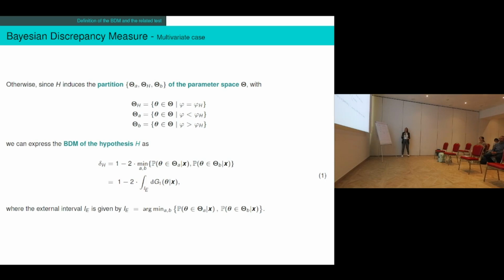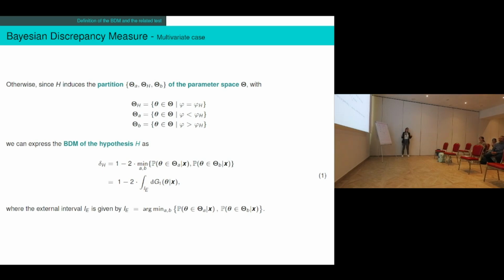We have three sets of parameters in which the parameter of interest is equal, smaller or greater than phi h. Then we can express the BDM as 1 minus 2 times the minimum posterior probability in these two sets, theta A and theta B. So basically we are computing 1 minus 2 times the minimum hypervolume under the hypersurface in these two sets.